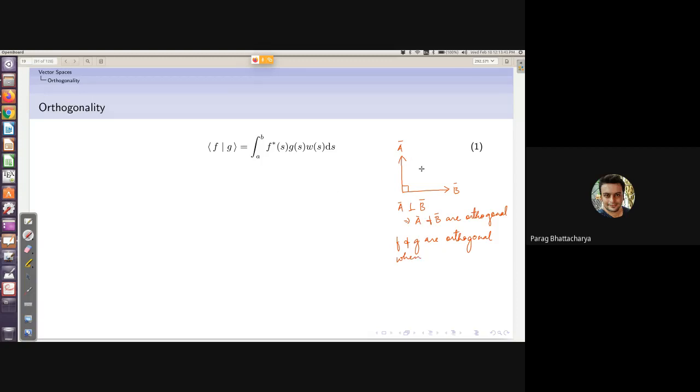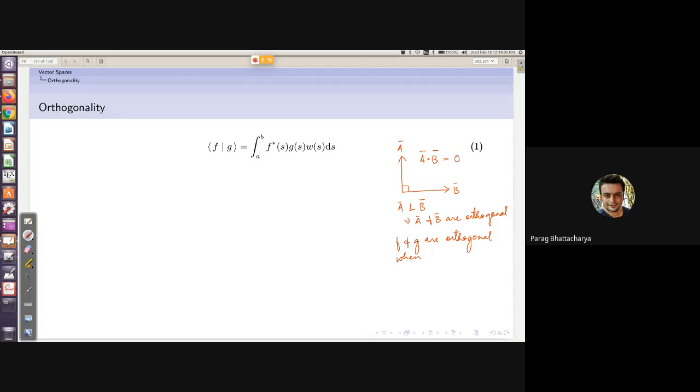When do you say that two vectors are perpendicular? How do you check whether two vectors are perpendicular or not? What happens to their dot product? If two vectors are perpendicular, their dot product is 0.